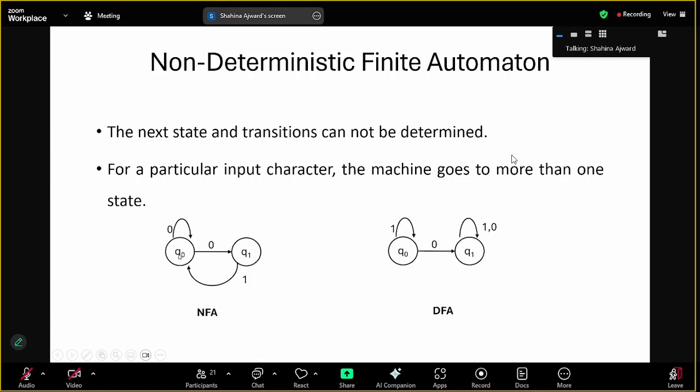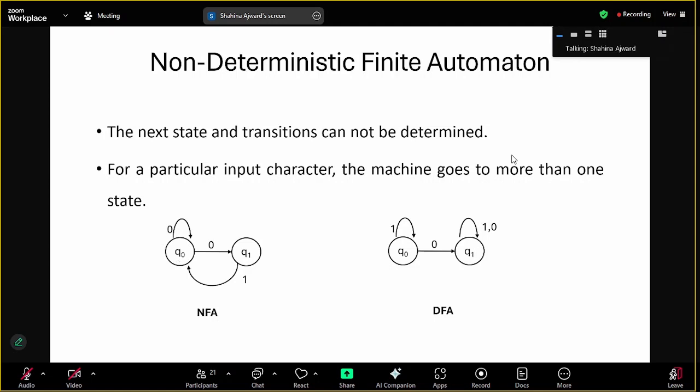Now when it comes to the NFA, for Q0, if you give input symbol 0, what happens? It will self-loop with Q0 and also it will go to Q1. So it has multiple transitions. And if you give 1 when the state is Q0, what happens?